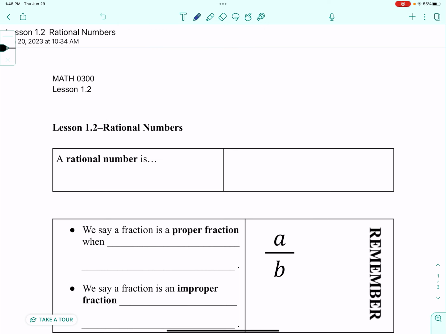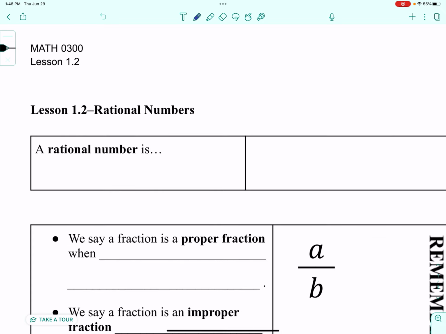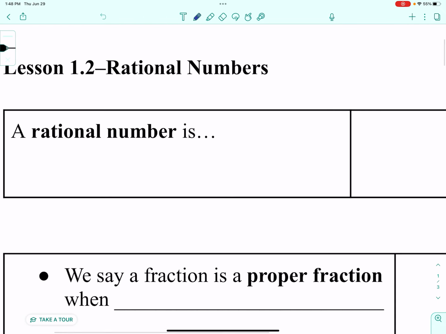So let's talk about what a rational number is. A rational number is a ratio. If you look really carefully, you can see the word ratio right in there in the name rational. So this is a ratio of two integers.